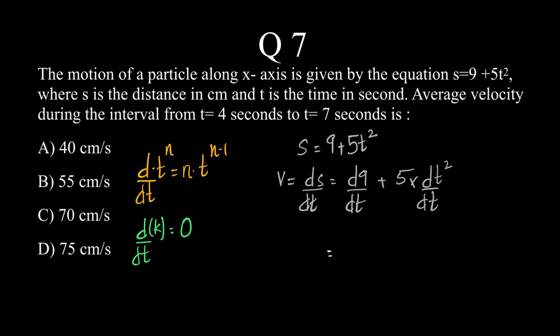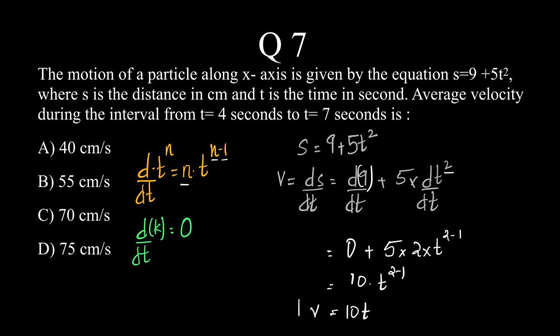So here d by dt of 9 is a constant, which is 0, plus 5 into d by dt of t square. With n as 2, this is 2 into t to the power 2 minus 1. So this is equal to 5 into 2, which is 10, into t raised to 2 minus 1, which is 10t. So velocity is equal to 10 into t.